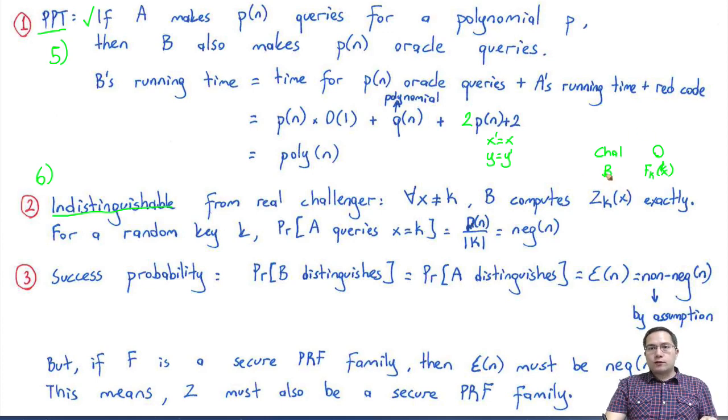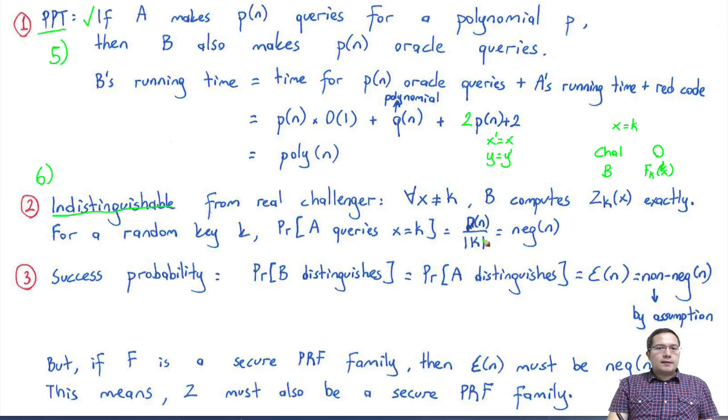But remember, this difference only happens if the adversary manages to send a query x that is equal to the key k. Now remember, this key k is a randomly picked value. So the probability that A, without knowing this key k, queries for some x that is the same as this k is indeed the number of queries A makes over the key space.